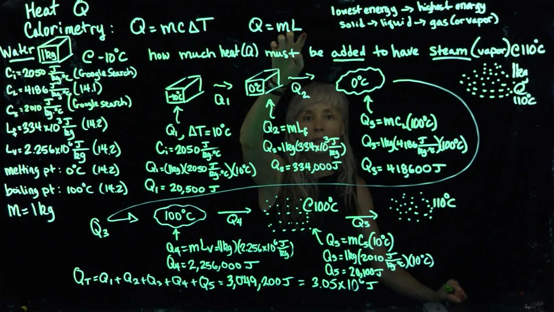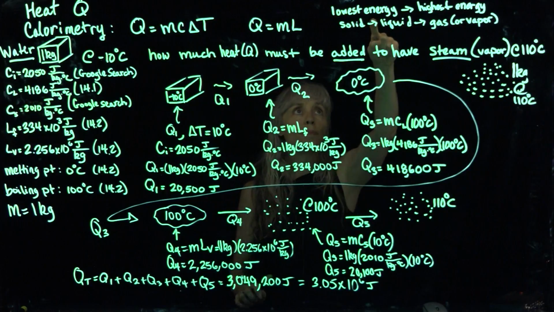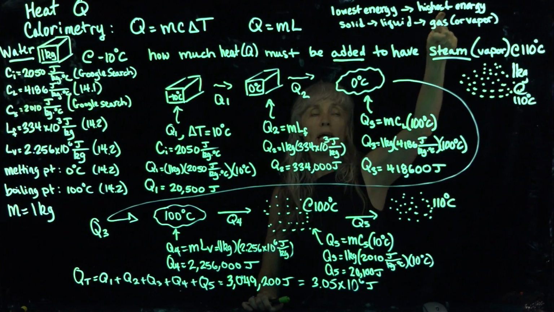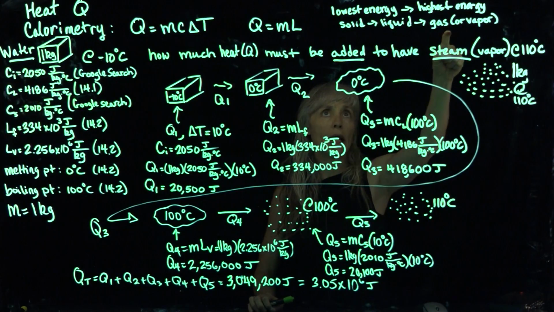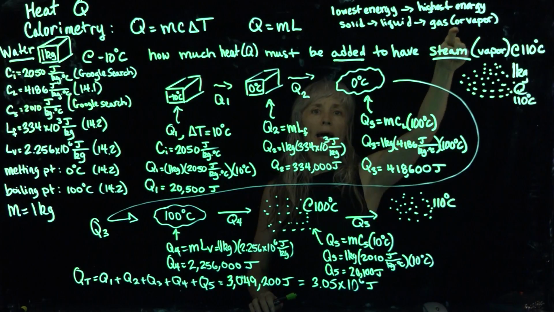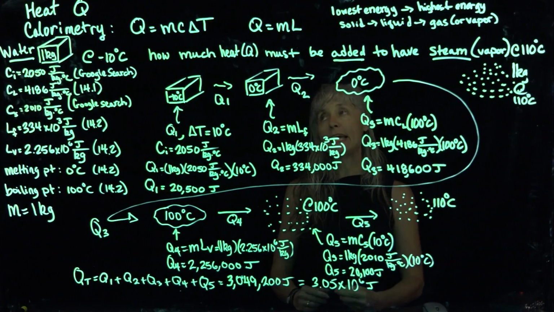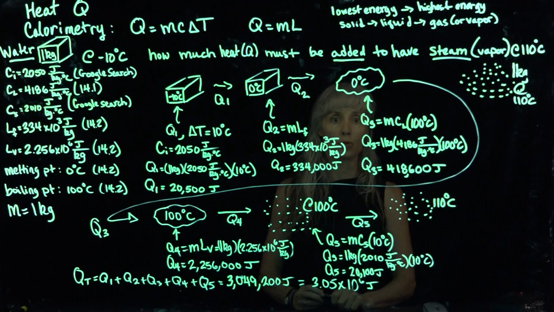L is either going to be the latent heat of fusion if the material is at its melting point, or the latent heat of vaporization if the material is at the point of boiling. It's worth mentioning that the lowest energy state to the highest energy state for any material is solid to liquid to gas. So solid is the lowest energy state, gas is the highest energy state, and liquid is in between the two. So now we're going to take these concepts and apply them to a problem.